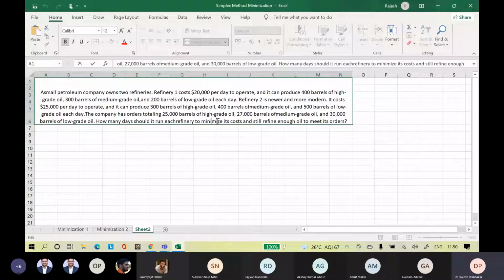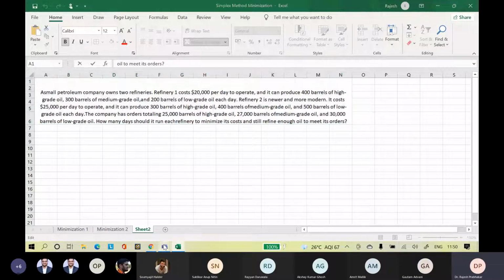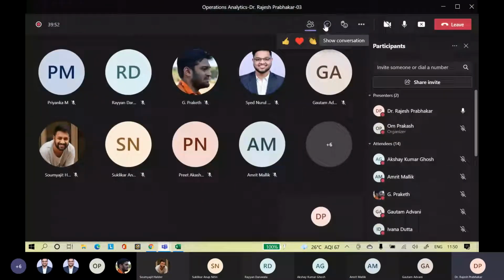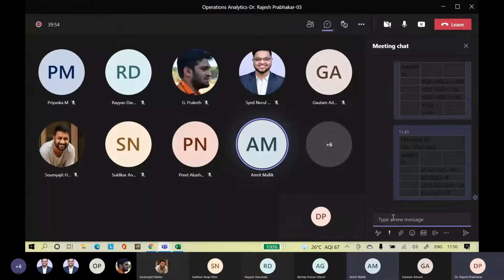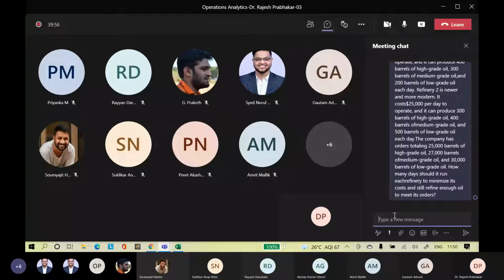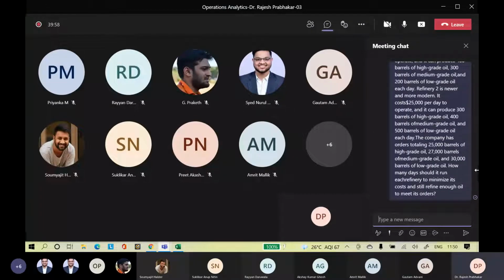So I'm copying this problem in the chat window. You said you wanted some word problems, right, yesterday? Yes, sir. So I pasted the problem in the chat window.